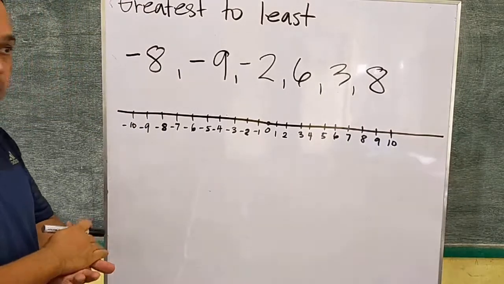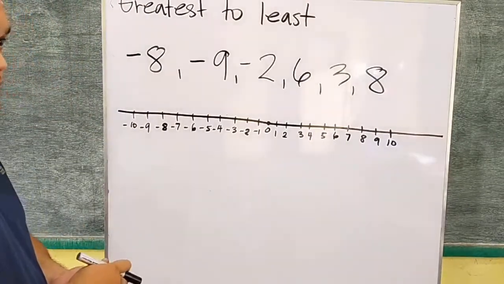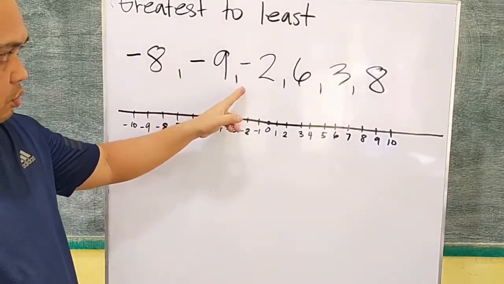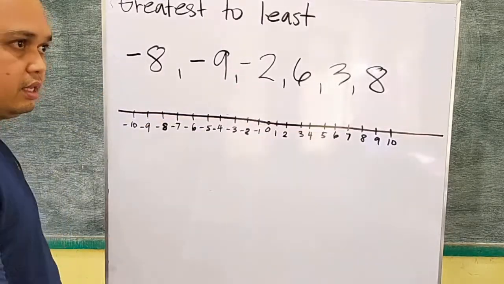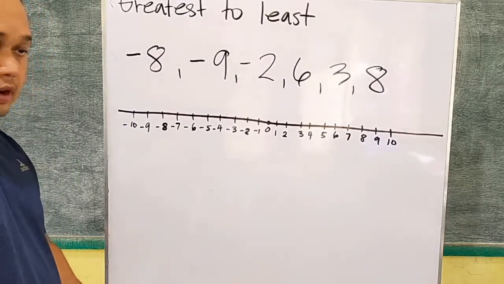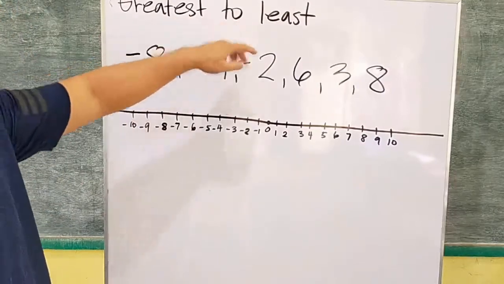For our next example again, we have a set of integers: negative 8, negative 9, negative 2, 6, 3, and 8. We need to arrange them according to value from greatest to least.